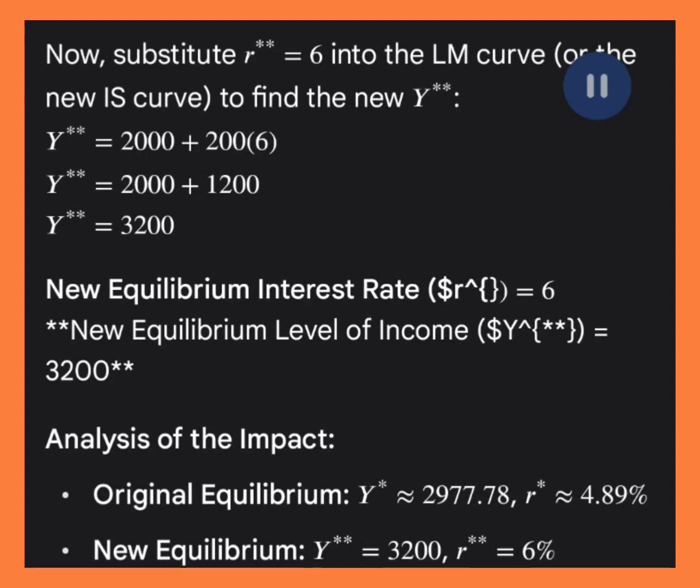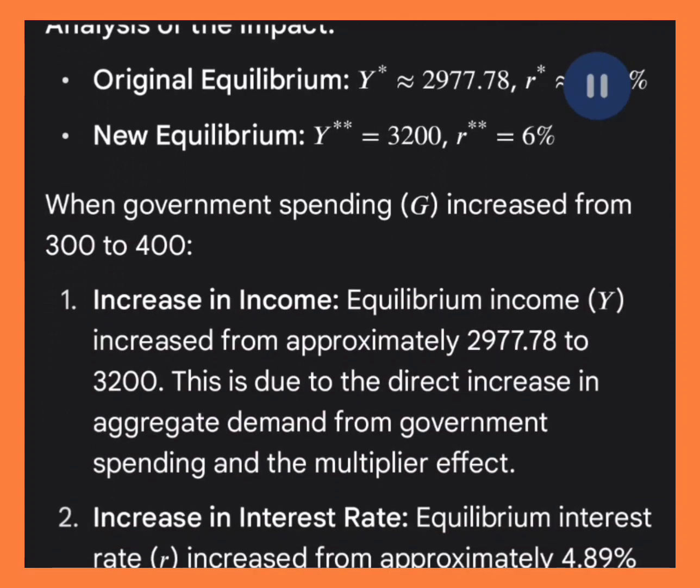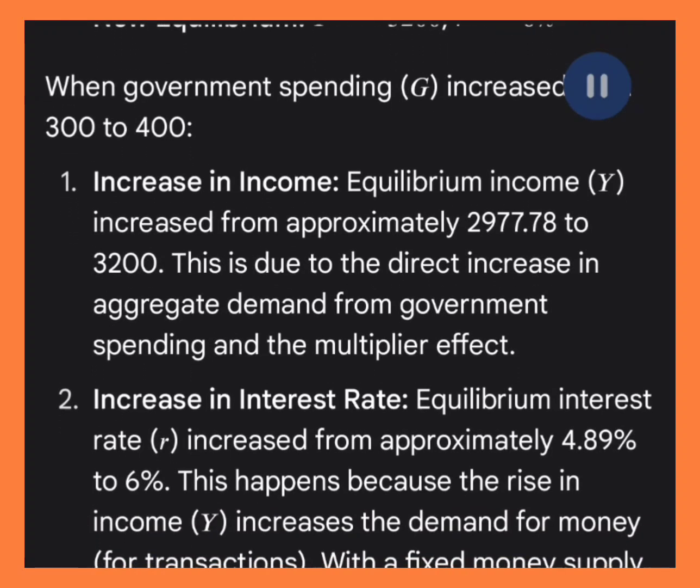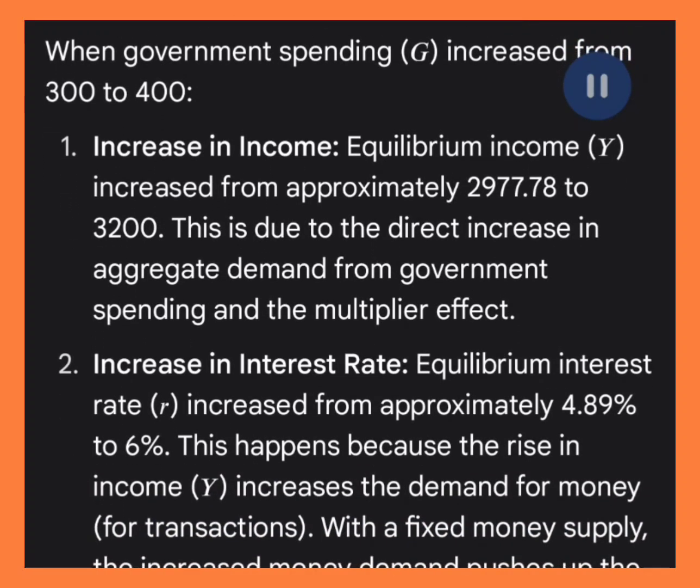When government spending G increased from 300 to 400: one, increase in income. Equilibrium income Y increased from approximately 2,977.78 to 3,200. This is due to the direct increase in aggregate demand from government spending and the multiplier effect.